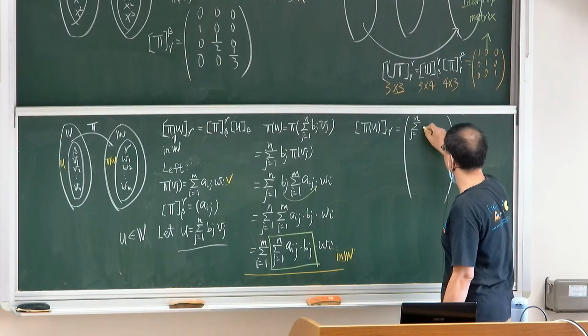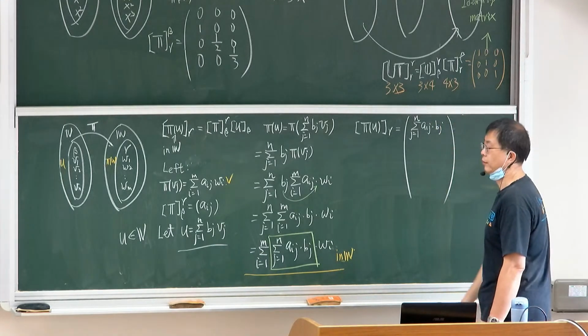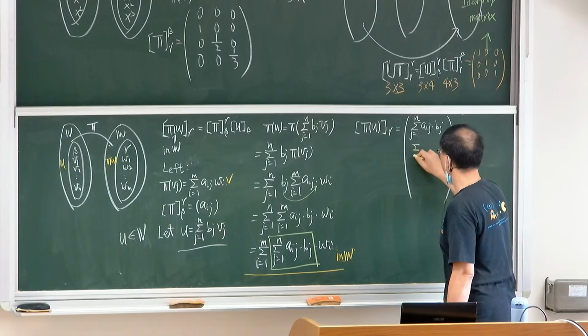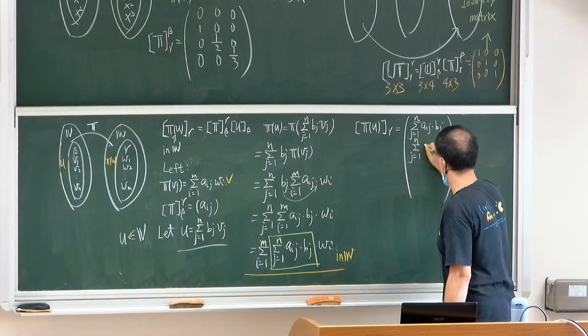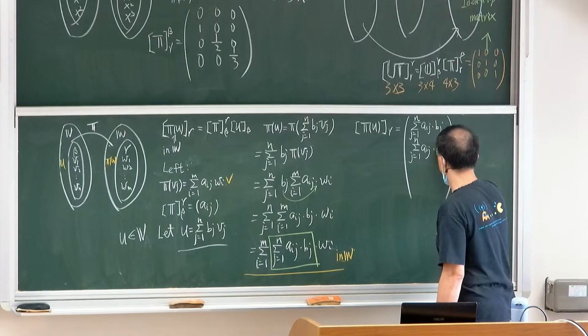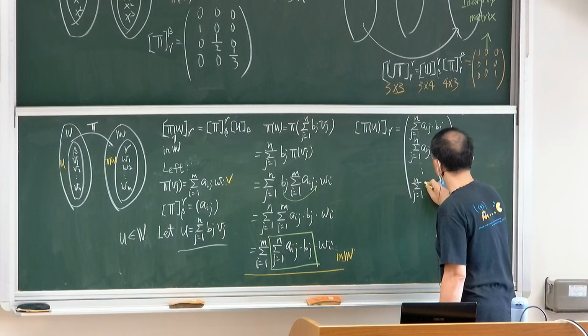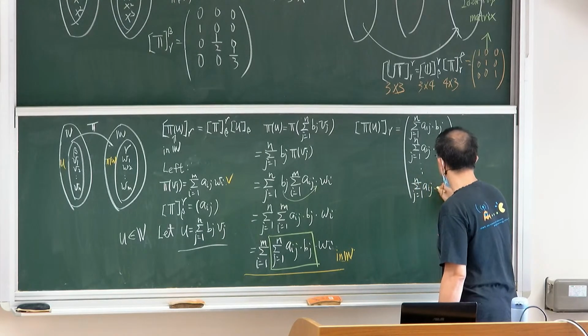So I have the summation j equals 1 to n of A1j times Bj. Then i equals 2, the summation j equals 1 to n of A2j times Bj, etc. And the summation j equals 1 to n of Aij times Bj.